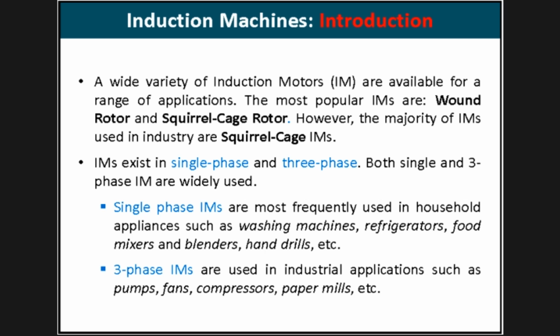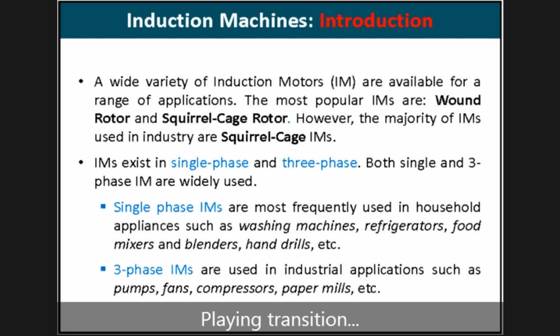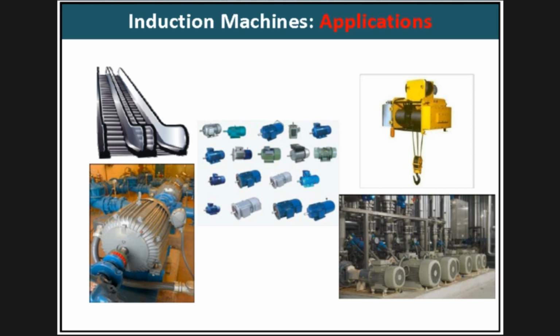And three-phase induction machines are used in industrial applications such as pumps, fans, compressors, paper mills, in which you need very high power. We have to use three-phase. Some of the examples are shown in the next slide, where we use industrial induction machines.